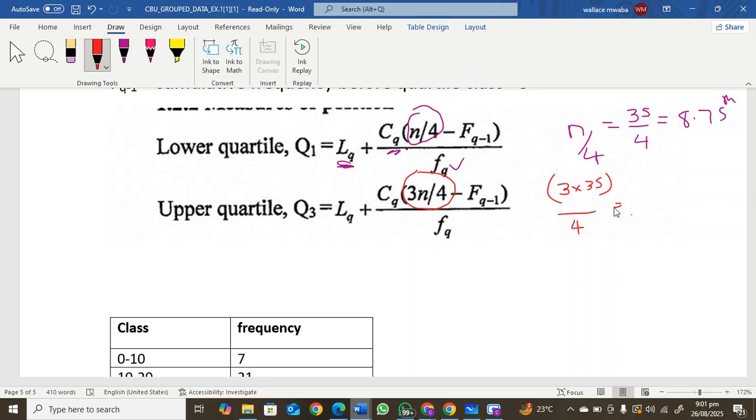So what is 3 times 35? 105. 105 divided by 4, 26.25.